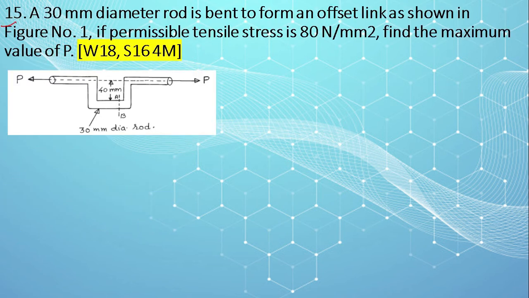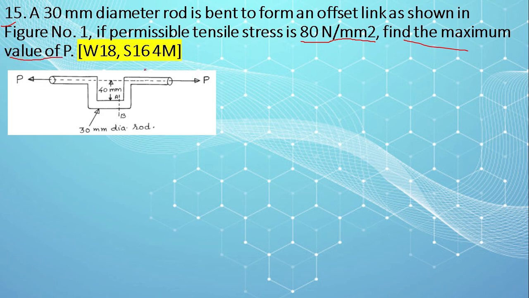Problem number 15. A 30 mm diameter rod is bent to form an offset link as shown in the figure. If the permissible tensile stress is 80 Newton per mm square, find the maximum value of P. The figure is already provided.